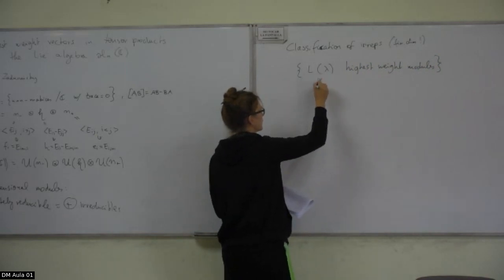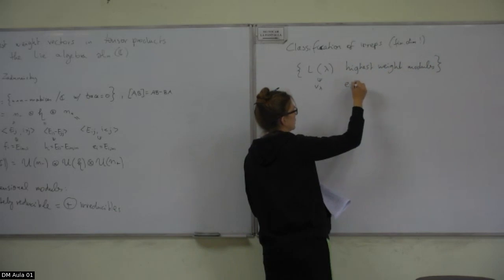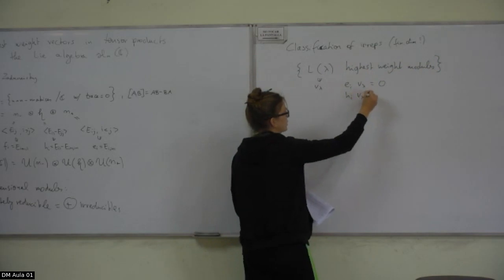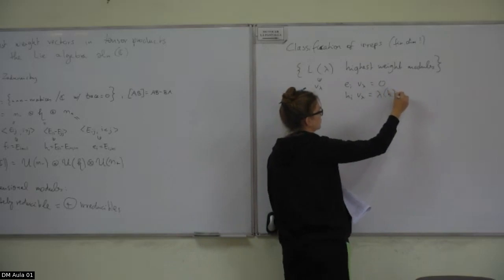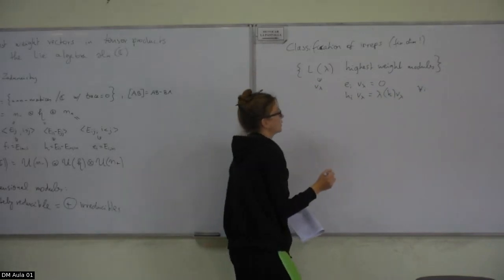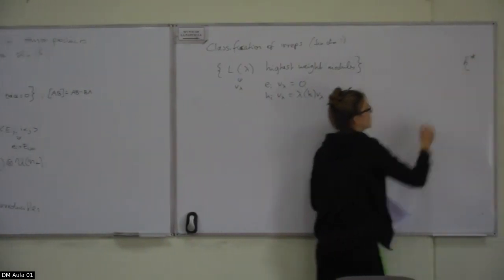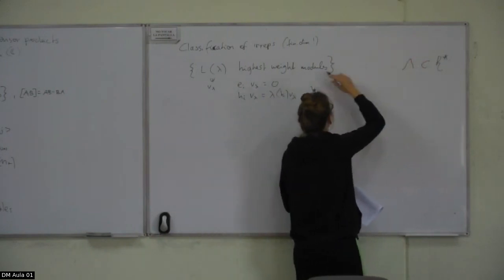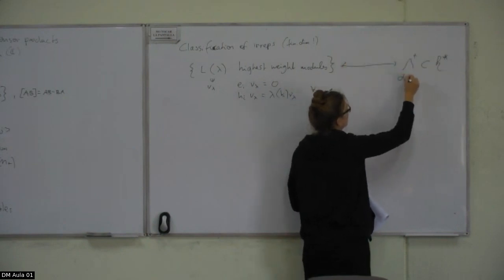These are modules where it's particularly important to know that there's a vector that is annihilated by all the E_i, and H_i acts by a scalar given by some lambda that's labeling the module. Where lambda is not only in the dual of the Cartan subalgebra h, but in order to give a finite dimensional irreducible one, it needs to be a dominant integral weight.